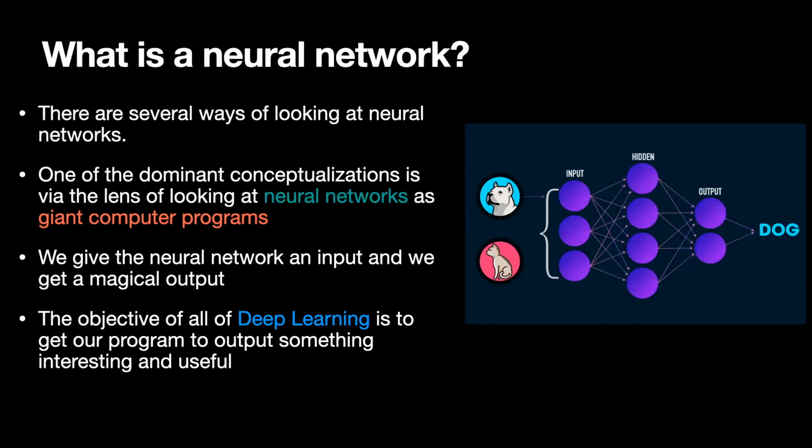When you change the code, the computer program changes its function. So you give a neural network an input and you get a magic output. Basically the objective of all deep learning in AI is to get the program to output something useful.